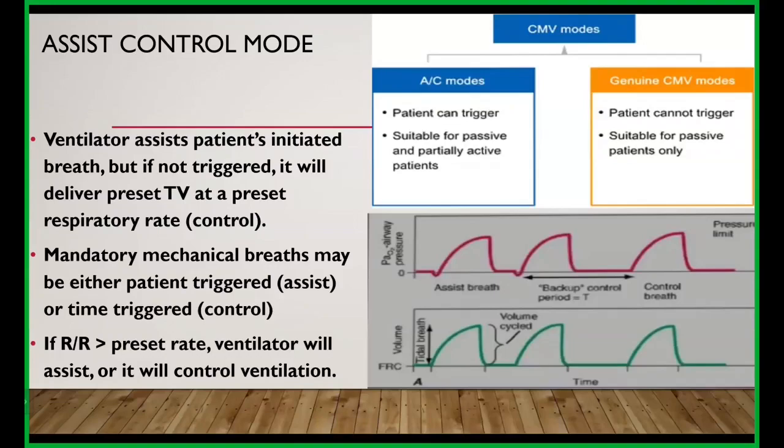Whereas if the set respiratory rate is higher than the patient's respiratory rate, then your mandatory breaths are going to increase naturally. That is, when a patient is hypoventilating, mandatory breaths are going to increase naturally, and your assisted breaths will decrease. In a hyperventilating patient, your mandatory breaths are going to decrease naturally according to the patient's lung condition.